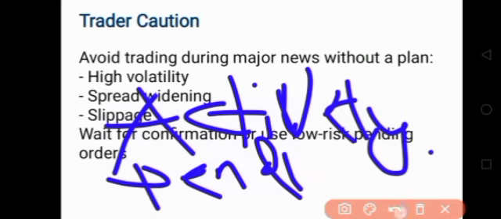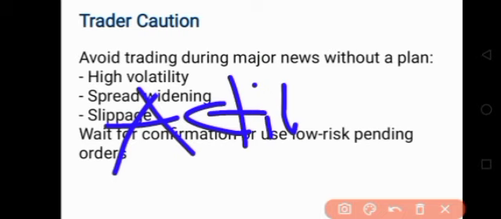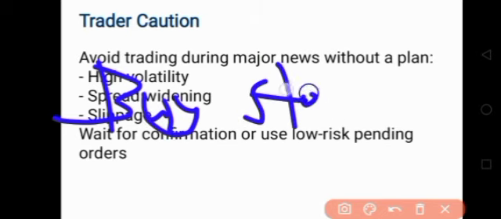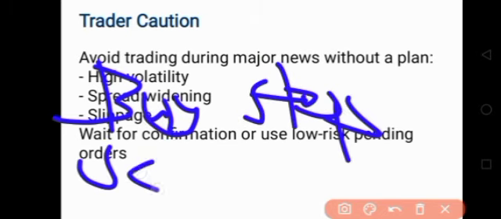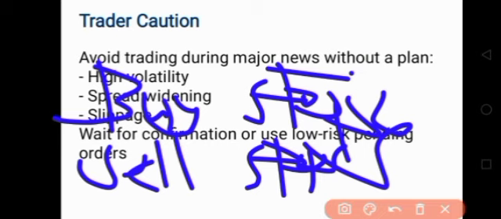So we enter the market actively at the time of impact, or we wait for a retest or other confirmation to enter the market. Also, we can trade actively using pending orders, like buy stops or sell stops. They can be used to trade during the news. So I think everyone is familiar with this one. So consider them when trading news, right?